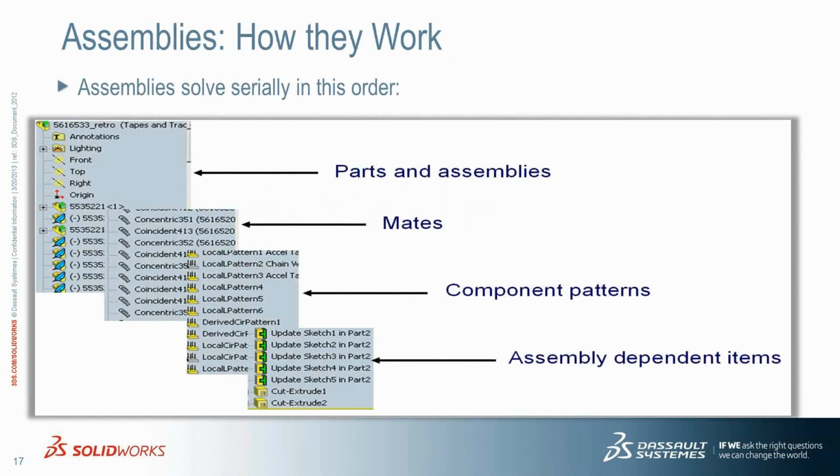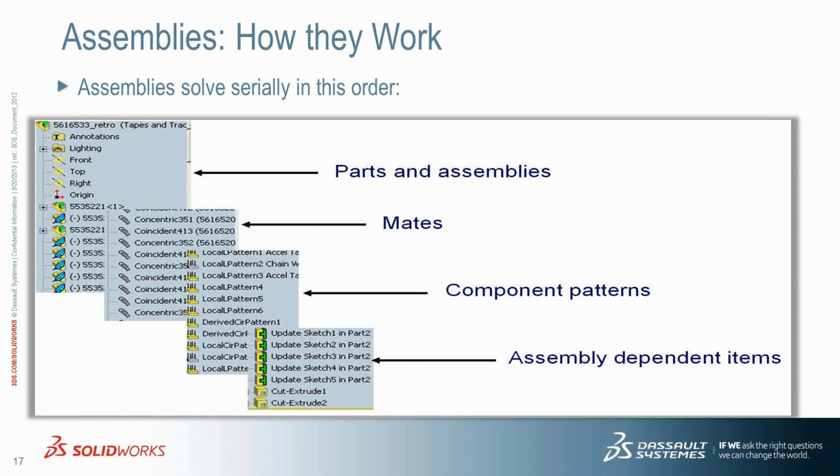Now let's move on to some of the assembly stuff. It's important when you start to lay out your upper level assemblies to think about how SolidWorks solves assemblies. The first thing it solves are all the parts and assemblies or sub-assemblies inside the upper level.